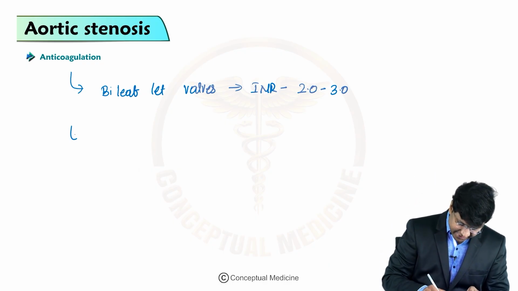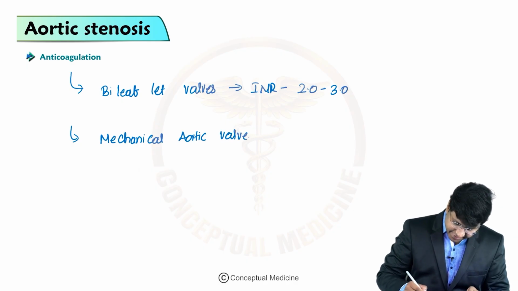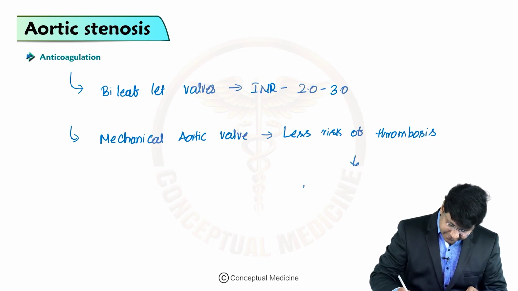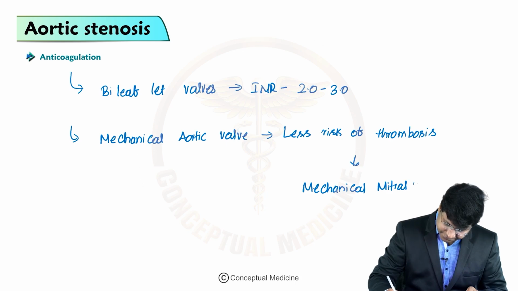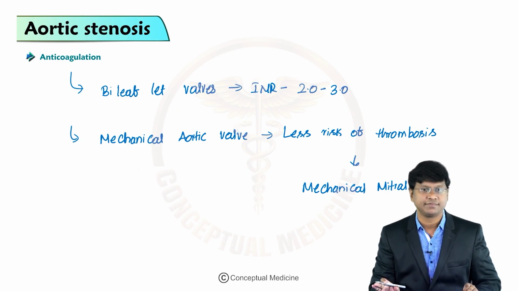Okay, so mechanical aortic valve, right, these individuals, they have less risk of thrombosis, compared to that of mechanical mitral valve.